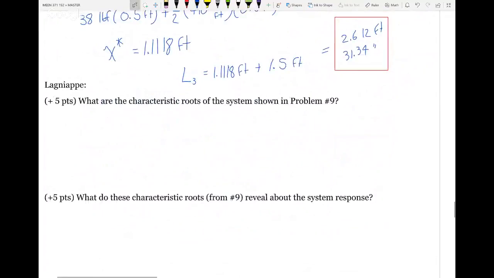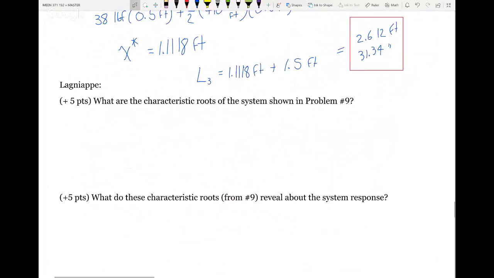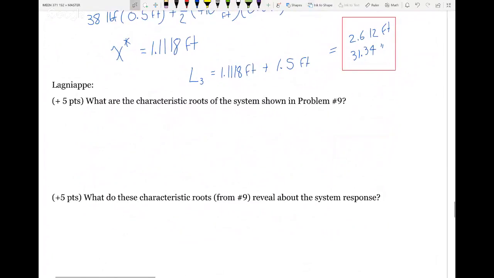Now we're down to our 2 lagniappes. These kind of dealt with this previous question, where we were doing the block diagrams. We've got this characteristic equation from the previous page, that's s squared plus 3s plus 1 equals 0.